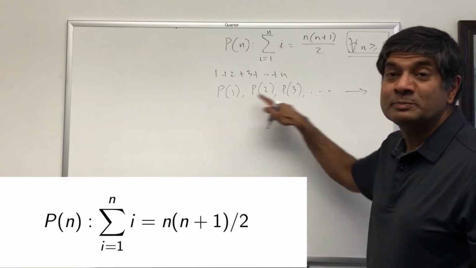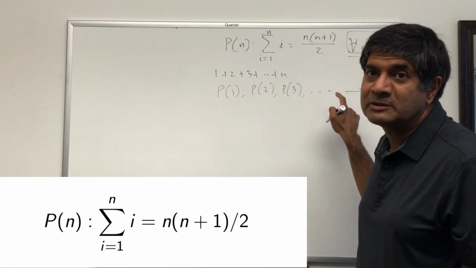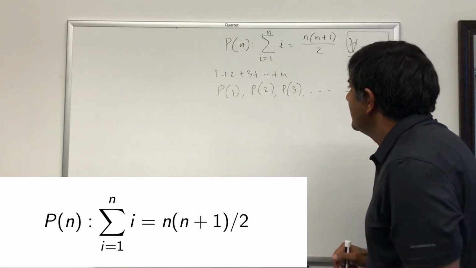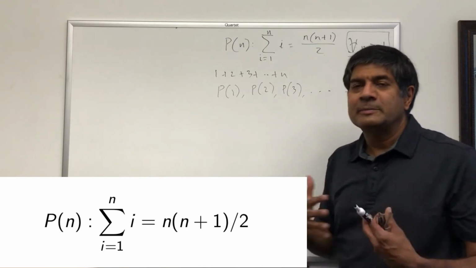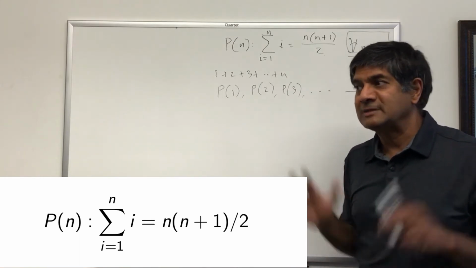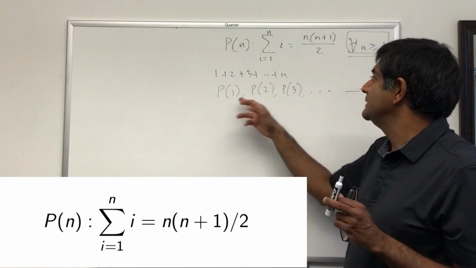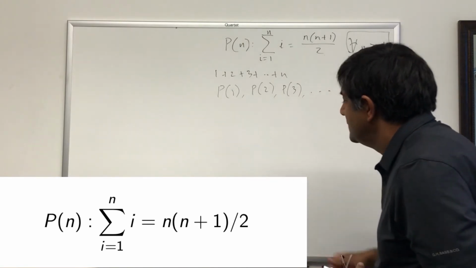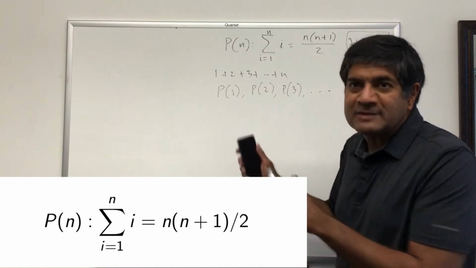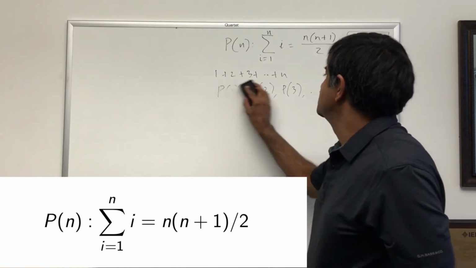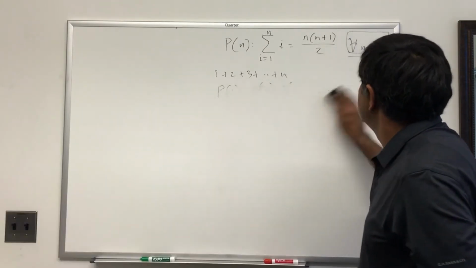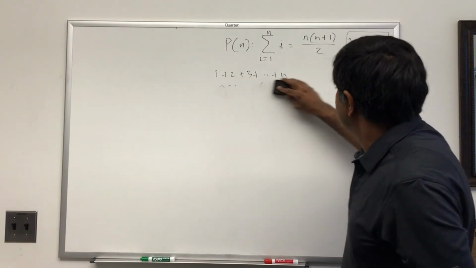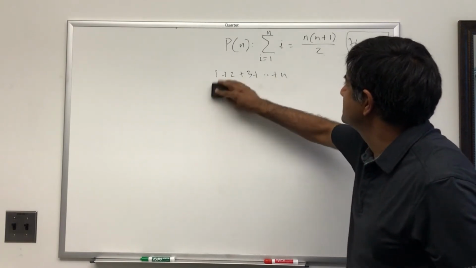So we're being asked to prove an infinite number of propositions. And if you take a step back and think about it, that seems like an impossible task, right? How can I be asked to do an infinite set of things? But that's where induction and other approaches come in. All right, so let's review the mechanical aspects of the proof.